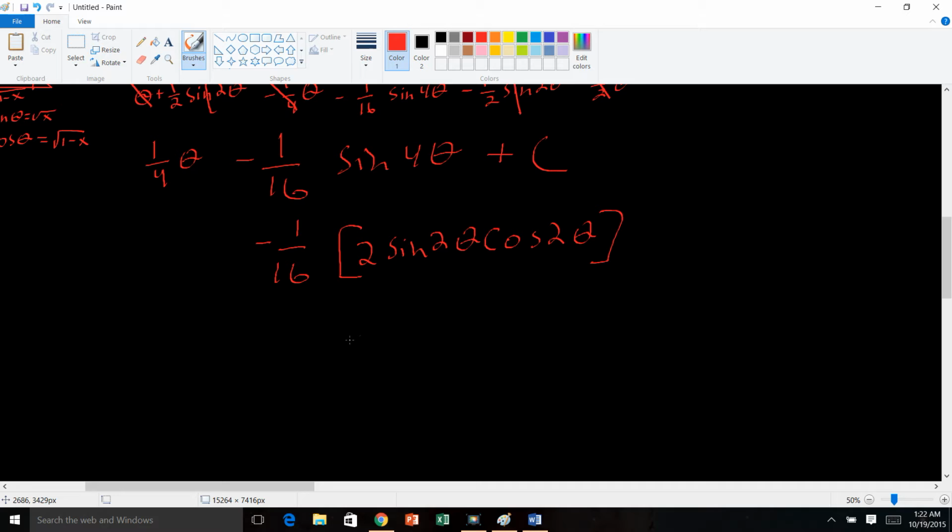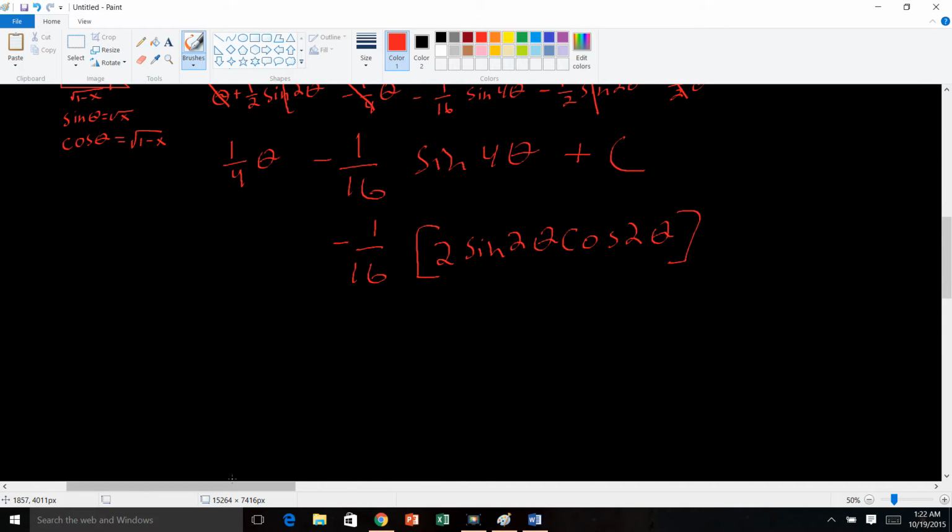And we can go ahead and break that down again. So let's pull our 2 out. Now that gives us -1/8. And we're going to take our sine 2 theta, and we're just going to do the same thing, 2 sine theta cosine theta, but our cosine 2 theta doesn't break down that easy.